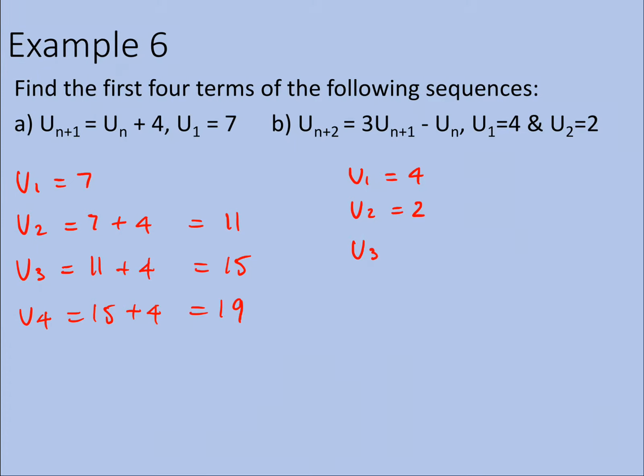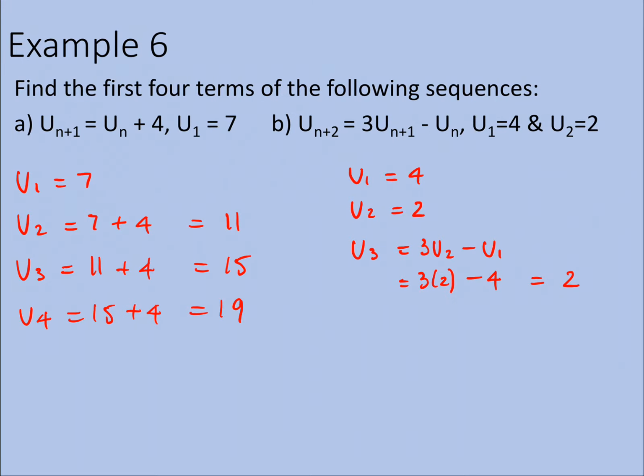Okay, so u3 will be 3 lots of u2 minus 1 lot of u1 using the recurrence formula there. So that will be 3 lots of 2 minus 4. So 6 minus 4 gives us an answer of 2.